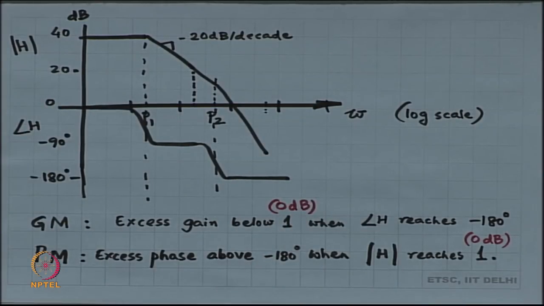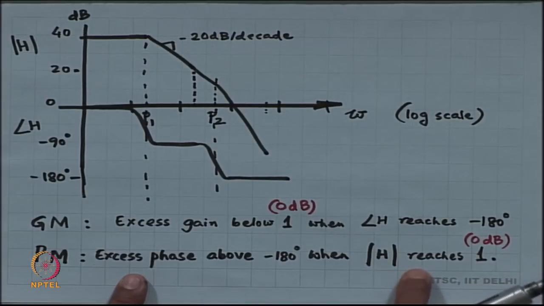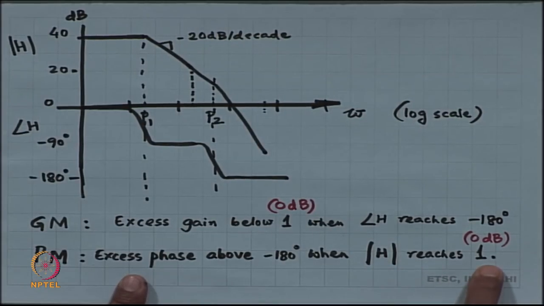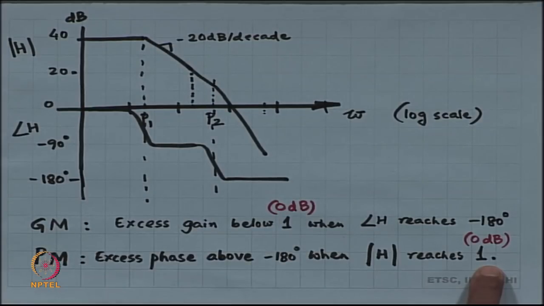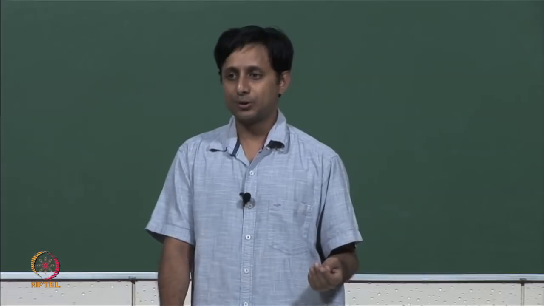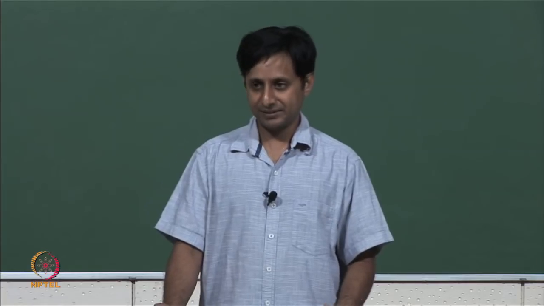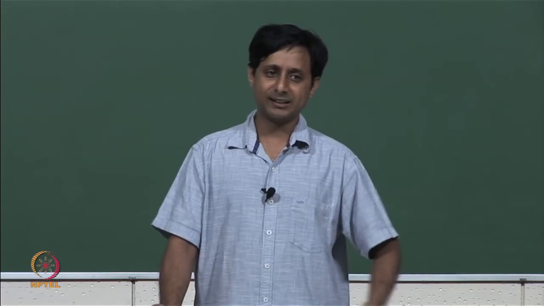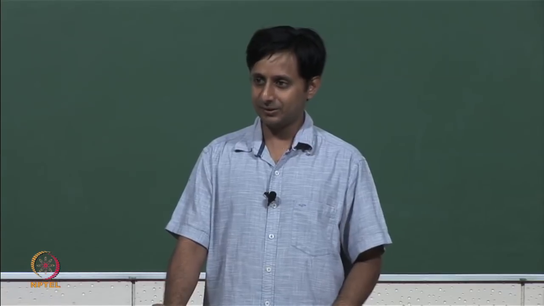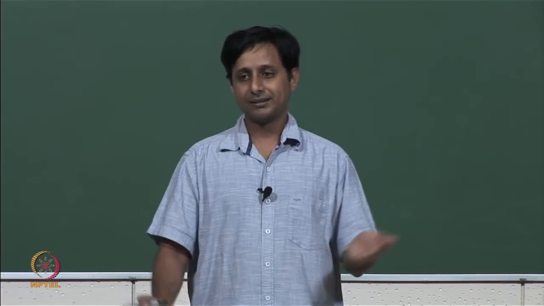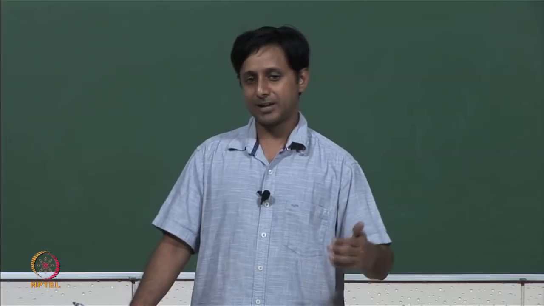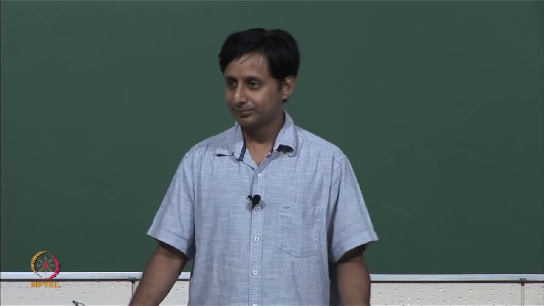Okay. So, what does this mean? At the point when magnitude of H reaches 0 dB, I check my phase, is that phase more than minus 180 degrees? If it is more, how much more? If it is minus 135 degrees, then the phase margin is 45 degrees. If it is minus 120 degrees, then the phase margin is 60 degrees. If it is minus 200 degrees, then the phase margin is negative 20 degrees.